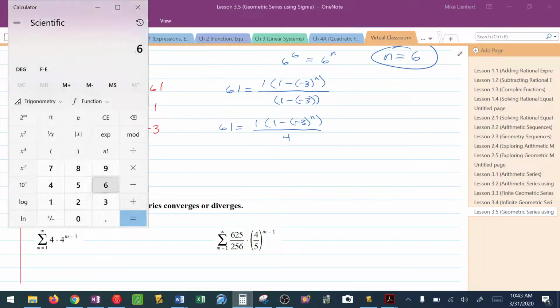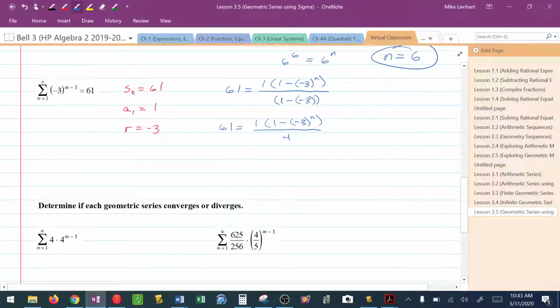All right, so let's see what I have from here now. I have 61. I'm going to multiply by 4 to get rid of that divided by 4. I'm going to divide by 1, which doesn't change it. So that would be 244 is equal to 1 minus negative 3 to the nth.